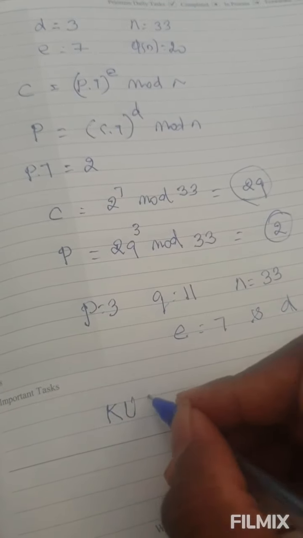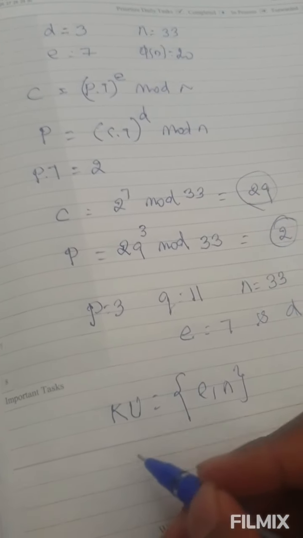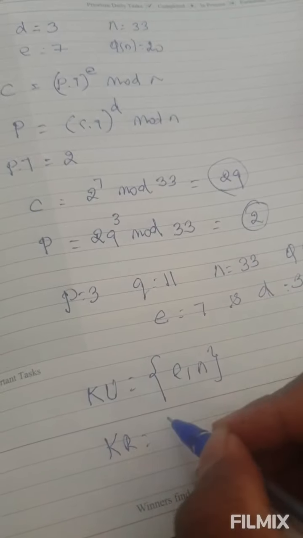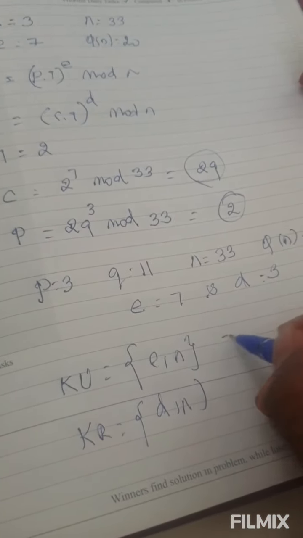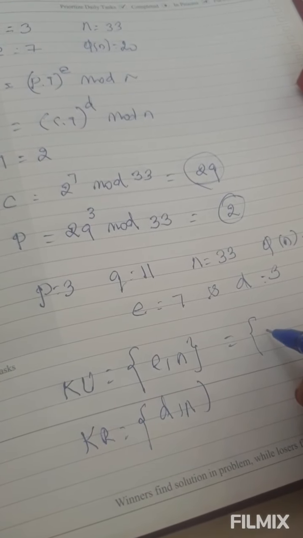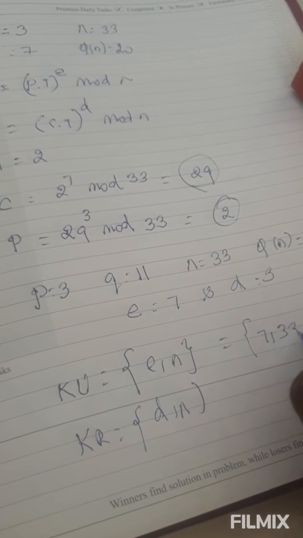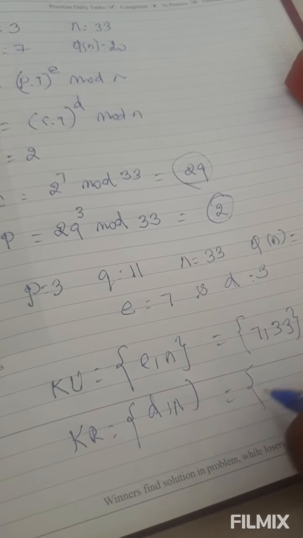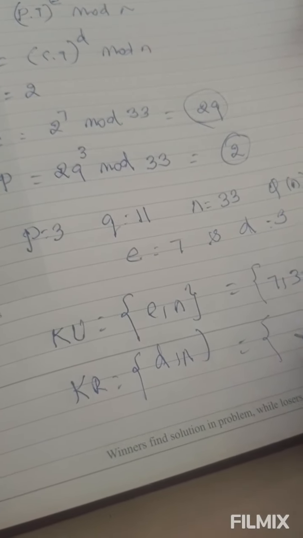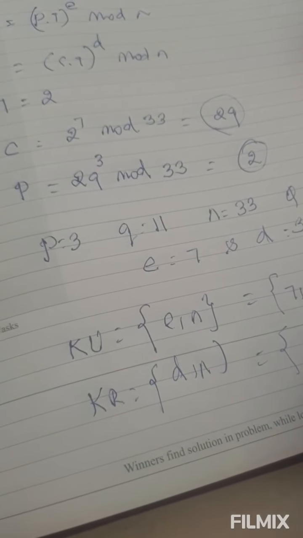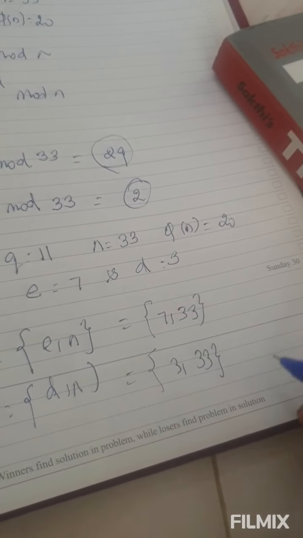So KU is equal to the set of E comma N. Likewise, KR is equal to the set of D comma N. So what is the value of E? The E value is 7, so 7 comma 33. Then the private key is the D value 3 comma 33. That's all.